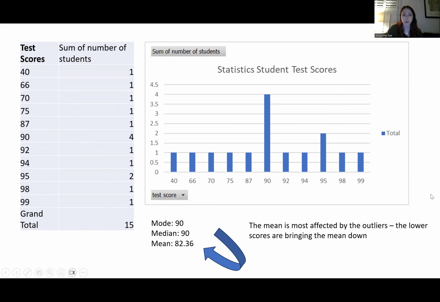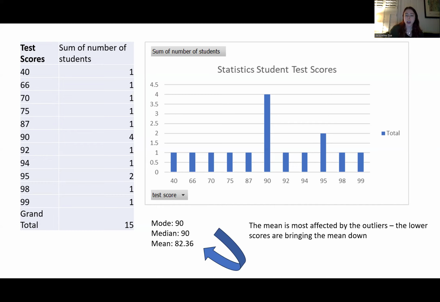So here's an example. We have statistics student test scores. This is completely fictional data. We have our frequency table there on the left-hand side. We have a number of students that got various scores: 4 students got a 90%, 2 students got a 95%, and then we have some variability there. There's a large spread of scores.